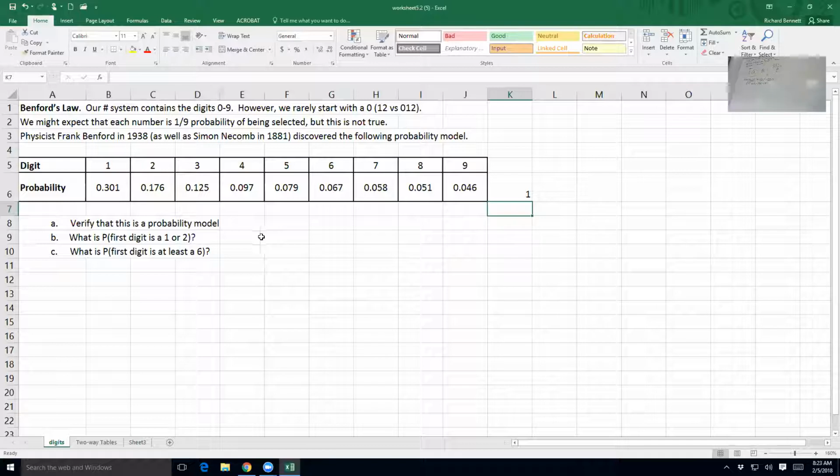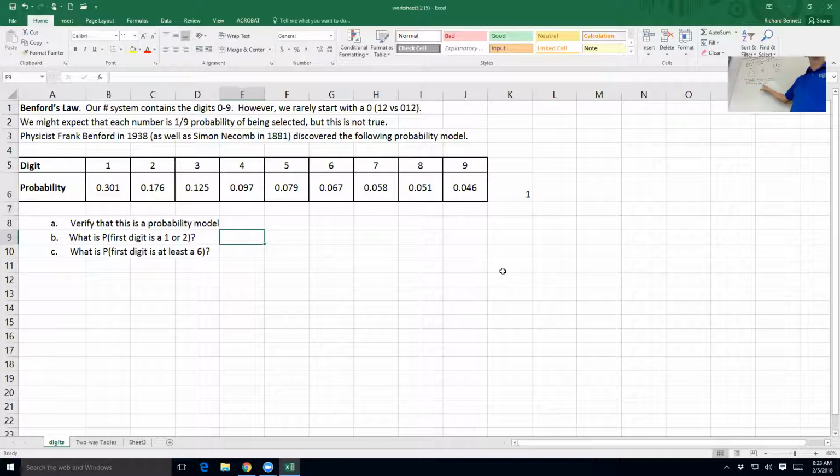All right, what's the probability that the first digit is a 1 or a 2? How would you figure that out? How about the addition rule for disjoint events? Can you be a 1 or a 2 at the same time? No, so therefore they're disjoint, right? So when you see the word or, you think addition.